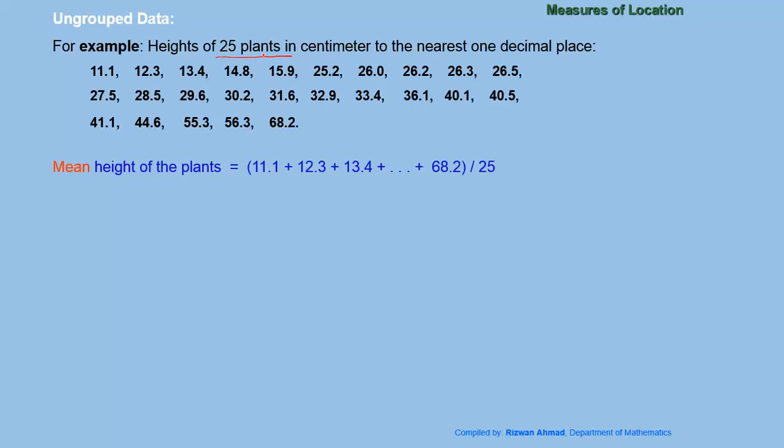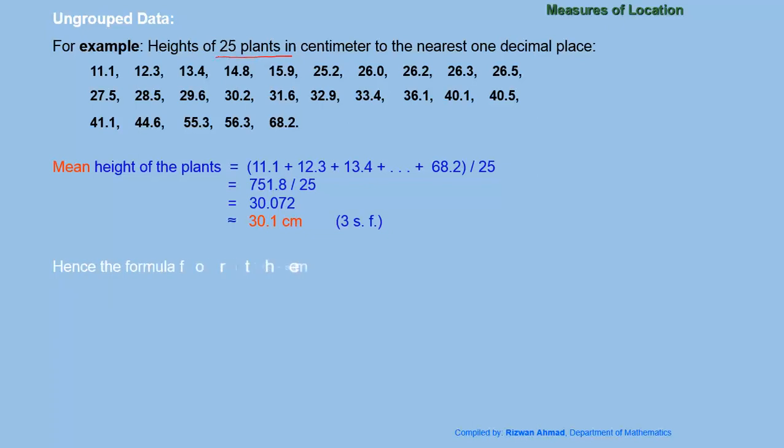If not, then we count the data items here. Adding all the data items and dividing by 25, we got 30.02072, or to three significant figures it is 30.1 centimeters. So the mean of these 25 plants' heights is 30.1 centimeters.